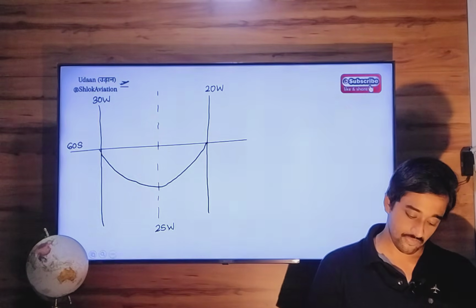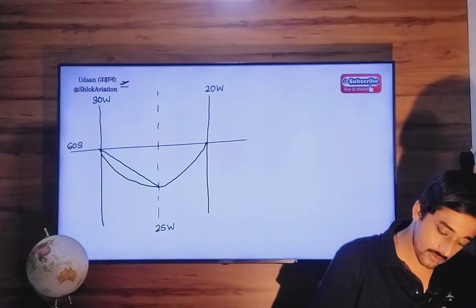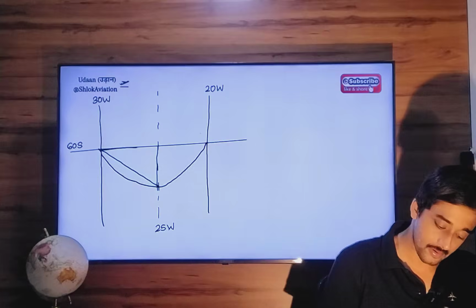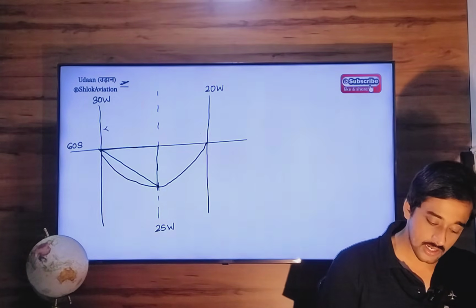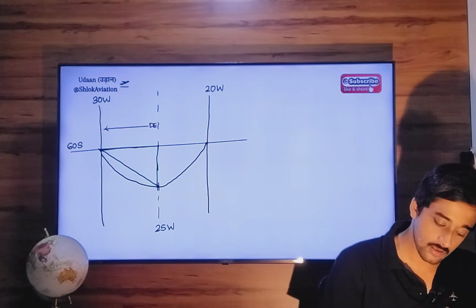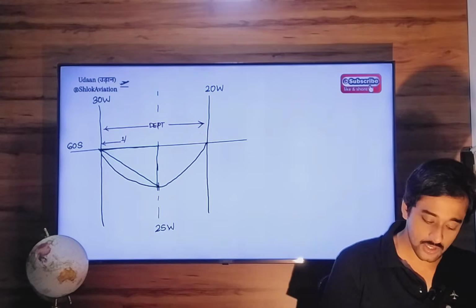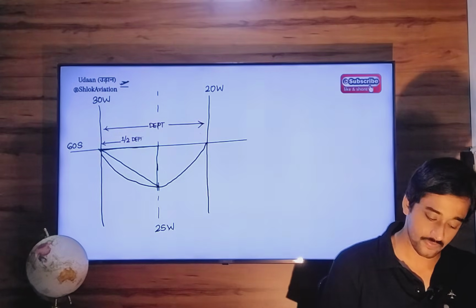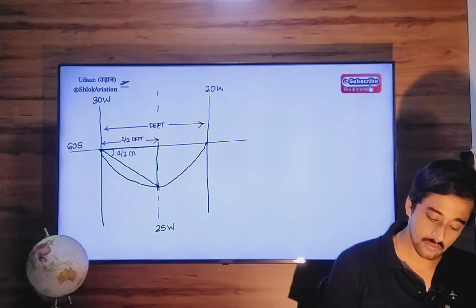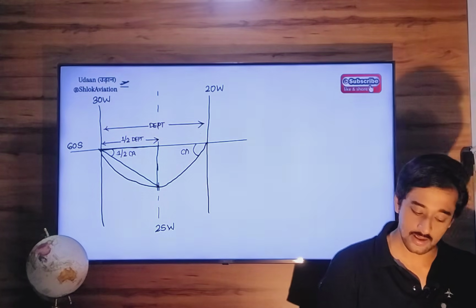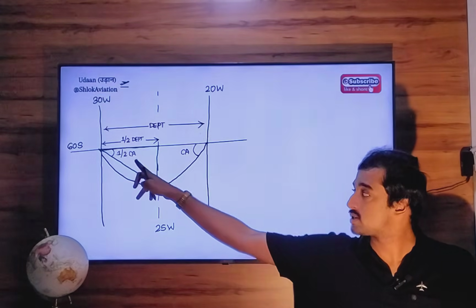Now let's draw a triangle like this. This total distance will be departure, so this will be half of departure. This angle will be equal to half of the convergency angle, because this whole is the convergency angle. This side of the triangle bisects the convergency angle into two equal parts.